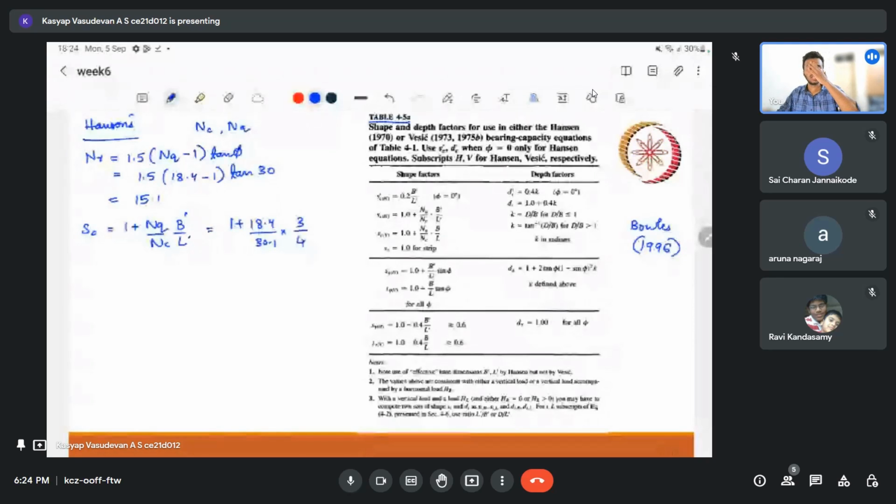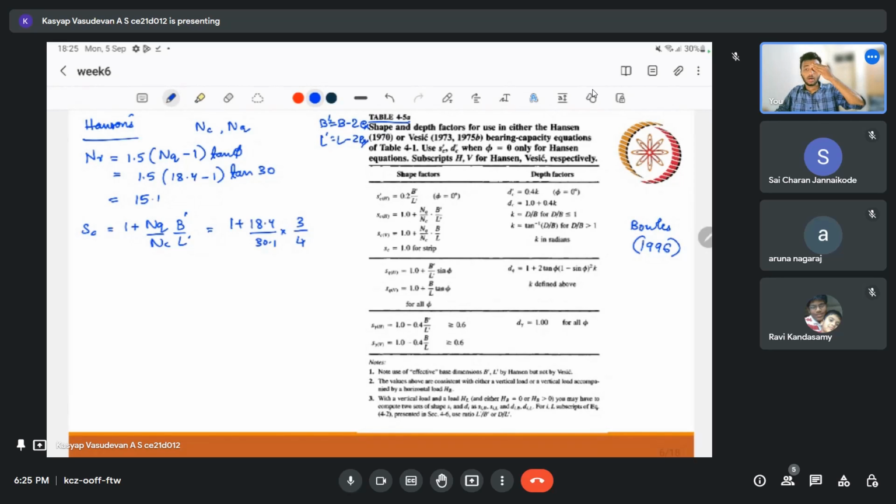If we have an eccentric load, we have to reduce the dimensions of the footing. That reduced dimension is B dash, equal to B minus 2 times eccentricity, and L dash, equal to L minus 2 times eccentricity along the y-axis.